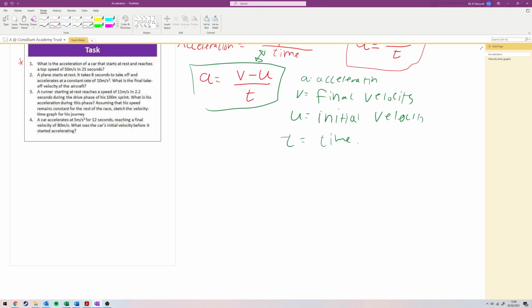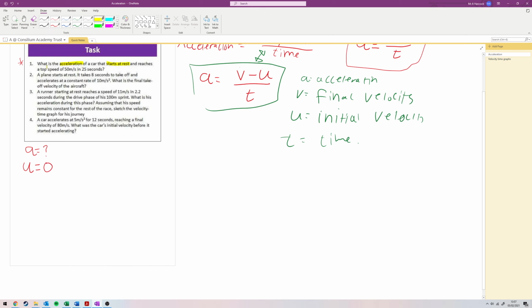So the question says, what is the acceleration of a car? So I'm going to write straight away A for acceleration is a question mark because they've asked me to calculate that. That starts at rest. Now when it says starts at rest, the initial velocity or the starting velocity has to equal 0.